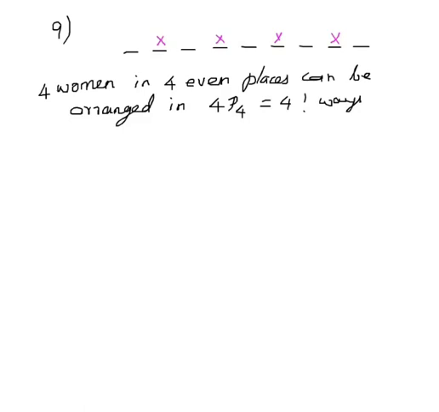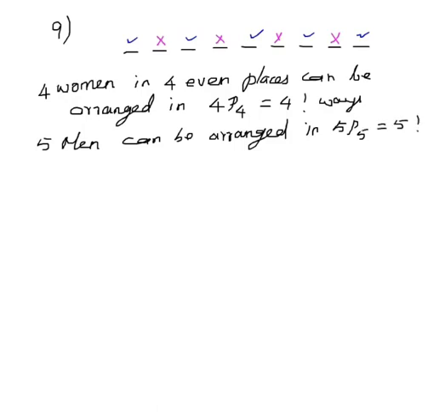Okay, now remaining we have 5 positions and 5 men. I can arrange 5 men in these 5 positions, 1, 2, 3, 4 and 5. So 5 men in the remaining 5 positions can be arranged in 5P5 arrangements. It is a permutation question.